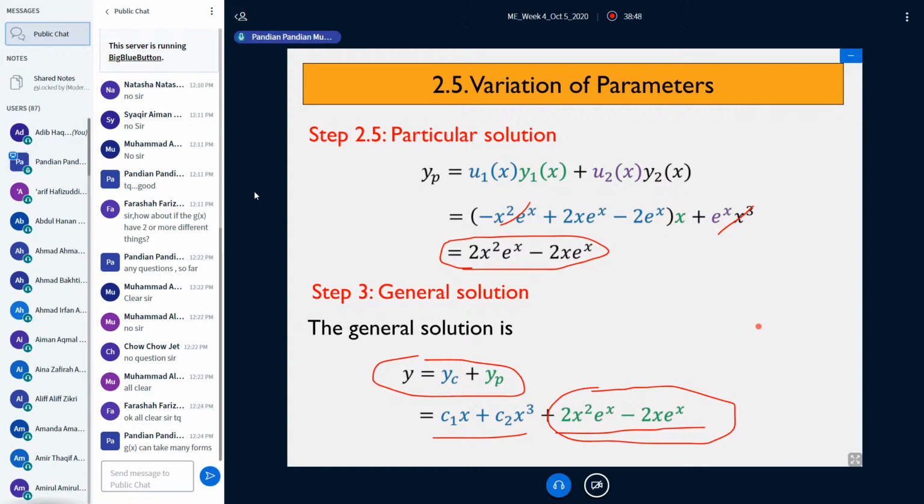So let us see if you have any questions, any general questions. Which method is the best method, or which method is suitable for any problem? This slide is slide 26, the last slide. So let us see from you, are there any questions? Any question, class, on variation of parameters?